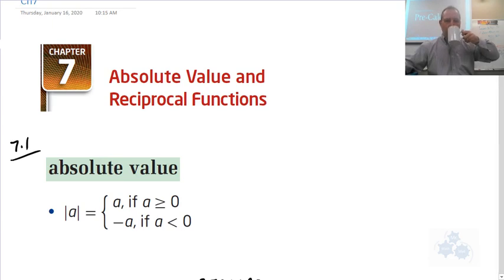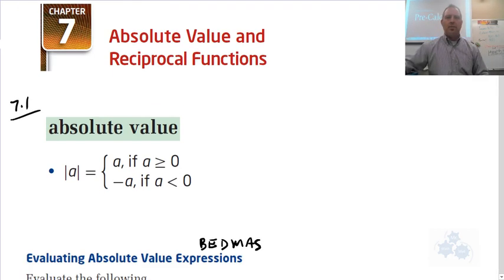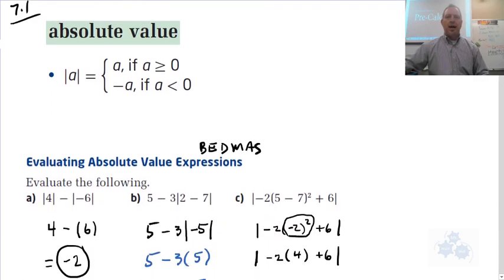Okay, chapter 7, absolute value. Absolute value can be tricky, but I'm going to try and make it not tricky. How about that? Absolute value. If you have absolute value of A, let's say, of anything in there, really what that means is that if A is positive, then great, it's the same as A. If this A is negative, what you do is you take the negative version of it.